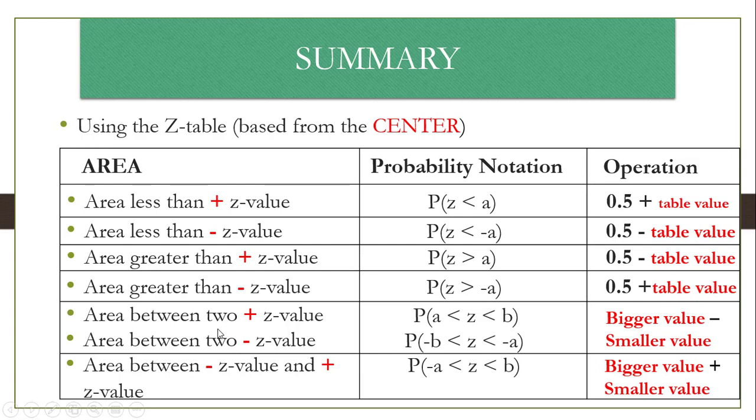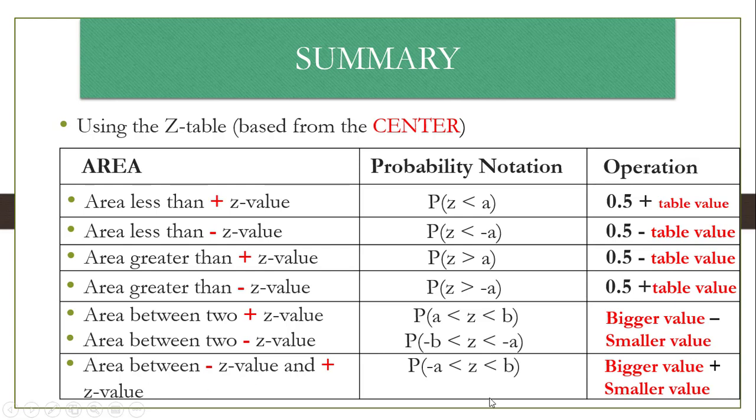And if you have areas between the same sign z values, like both positive and both negative, you subtract the bigger value minus the smaller value. And if you have opposite signs, like a negative to a positive z value, then you add the corresponding areas of both z values.